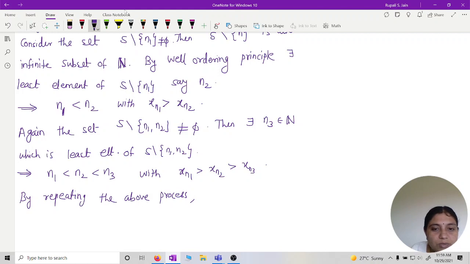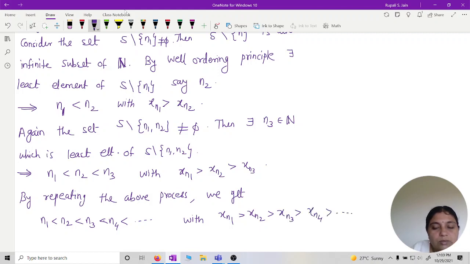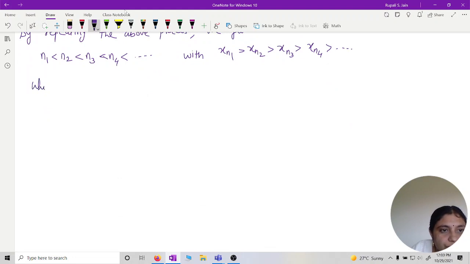So by repeating the process we get n1 less than n2 less than n3 less than n4, and so on, with xn1 greater than xn2 greater than xn3 greater than xn4, and so on. So I will get a decreasing subsequence of xn.